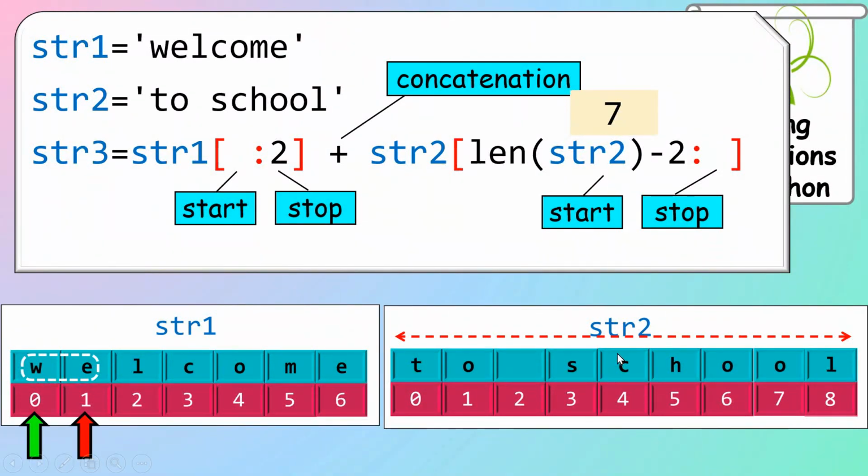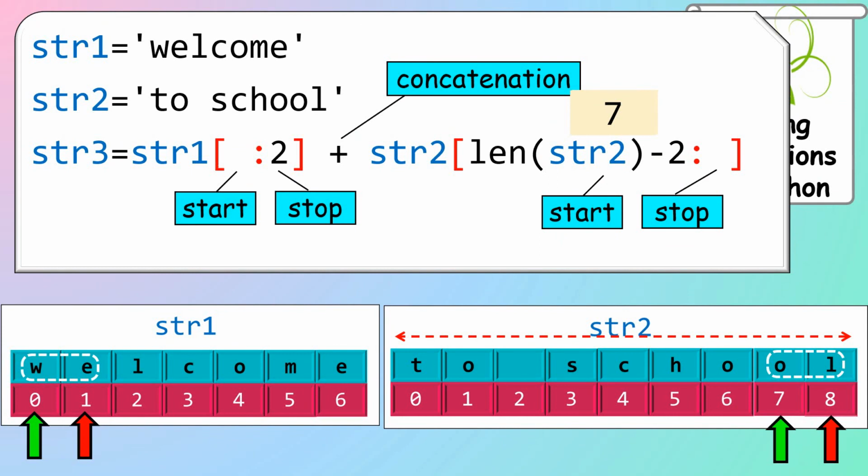So here in the array str2, the start index will be 7 and the stop will be 8. Therefore, this slicing operation will slice out the characters OL from the string str2.